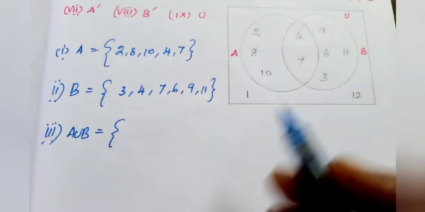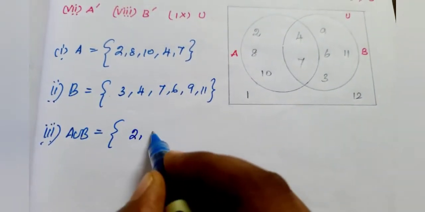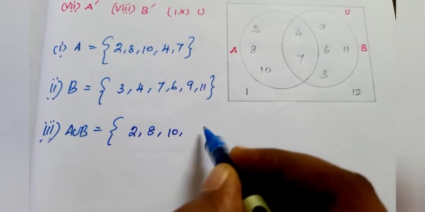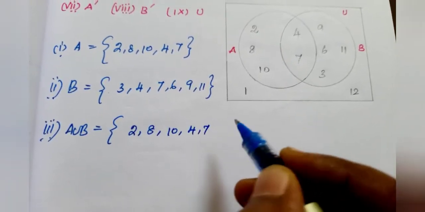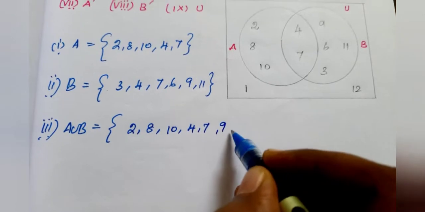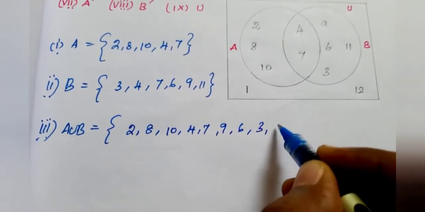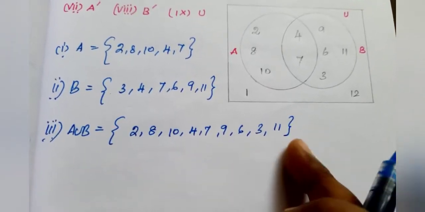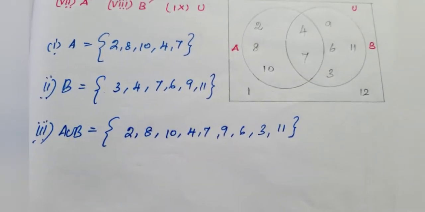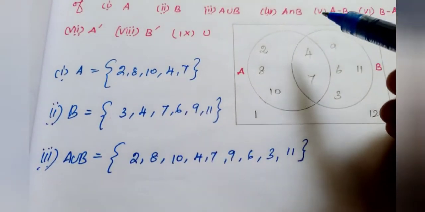So here we get 2, 8, 10, 4, 7, 9, 6, 3, 11. All these elements are called A union B.